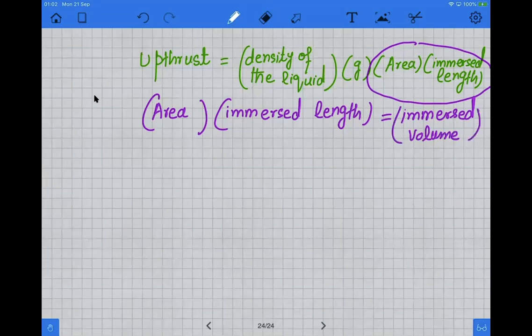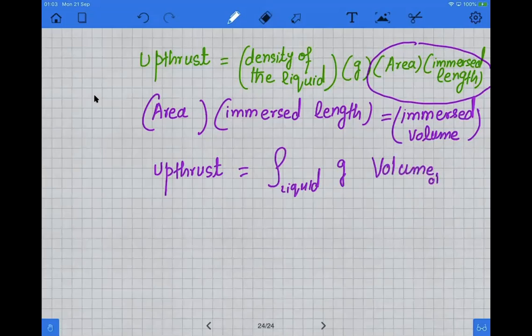So the new formula for this could be upthrust is equal to density of the liquid into acceleration due to gravity into volume of the object that is immersed in the liquid. So if we multiply density of the liquid, acceleration due to gravity, and the volume of the object immersed in the liquid, then this will give you the upthrust force that is acting upwards in the fluids or liquids.